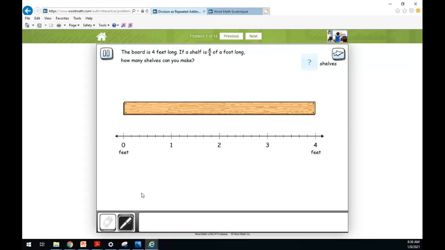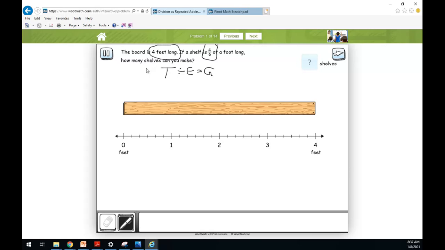Oh, that's my total. If the shelf is 4/6 of a foot long, oh, this is the size of each one. So I'm dealing with a division problem where I have a total, I have the each, and I'm trying to figure out the number of groups.